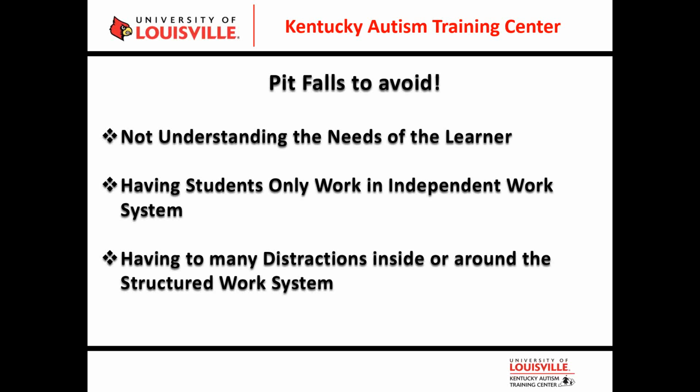And also if you are in a classroom that has a play area, like an independent play area, you might not have your independent work area in direct line of sight to the play area, because for students that are supposed to be working independently and they see someone else playing with their favorite toy, it could create problems. So that's just something to think about, is the location of your independent workstation specifically.